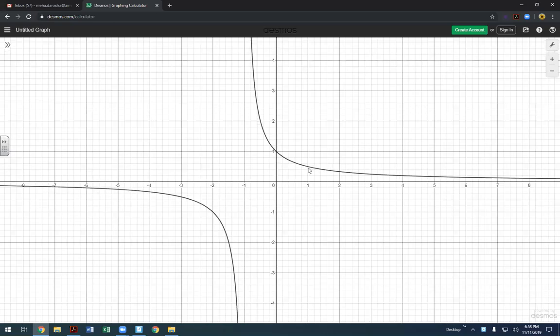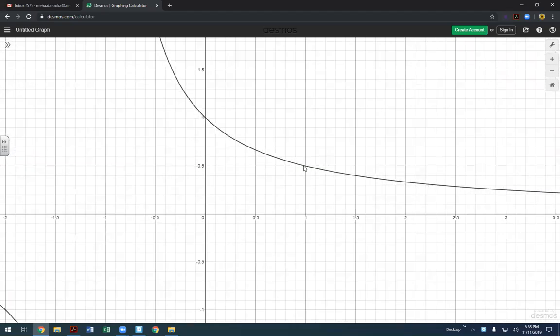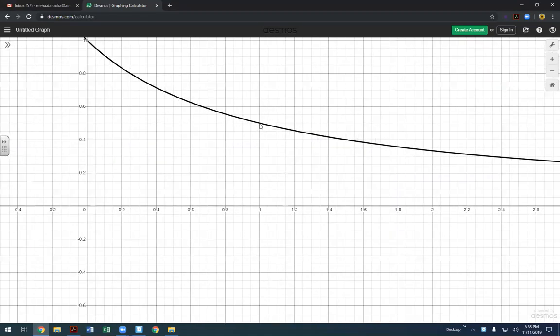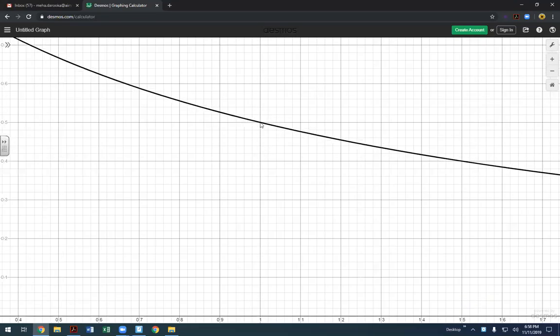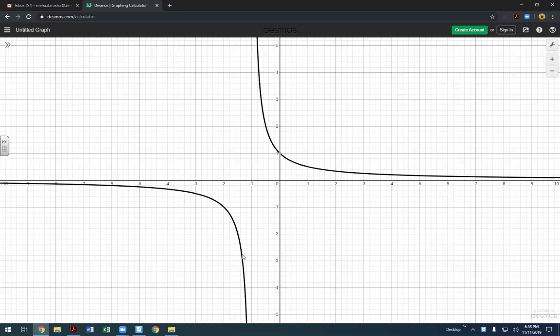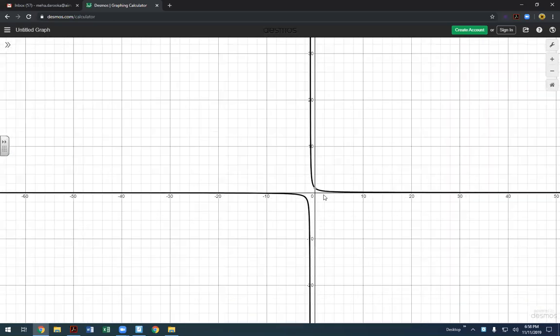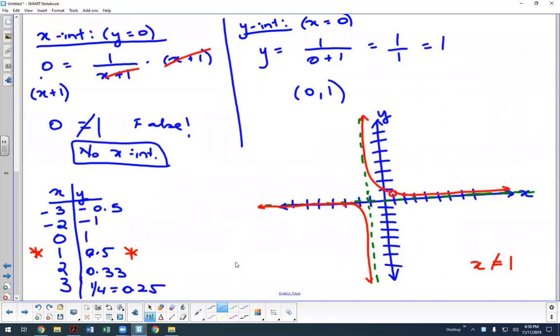You will notice right here at 1, it's not really showing you any skips. You will not see some kind of open circle at this point, because graphing calculators don't do that, which is the drawback of a graphing calculator. But other than that, you will obviously notice everything else matches the graph that we did, with the exception of that little open circle part.